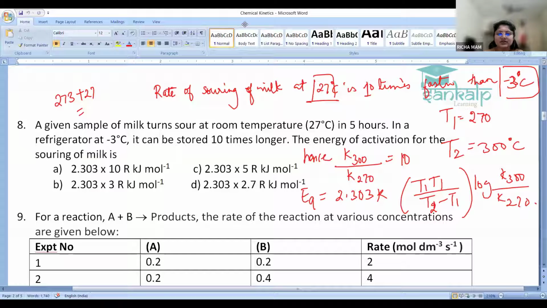Yes, what is the answer? Sri Varuni has answered it as D. Others? So after solving, you have to put T1 as 270, T2 as 300. Then log of K, 300 by 270.